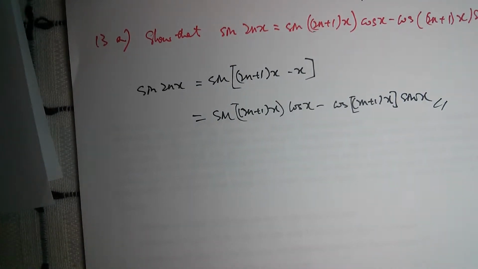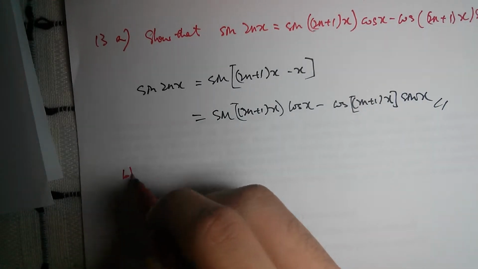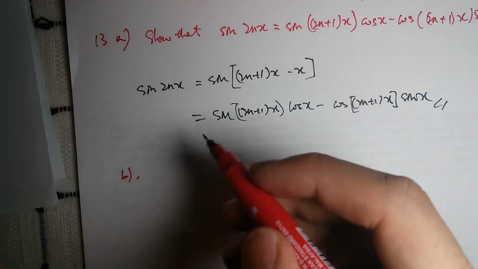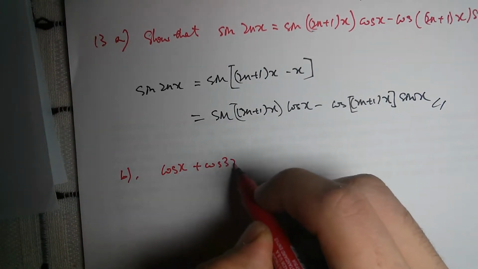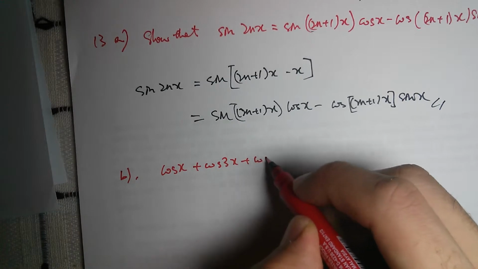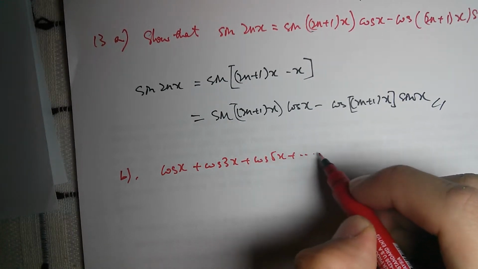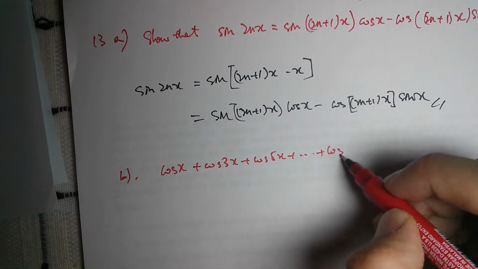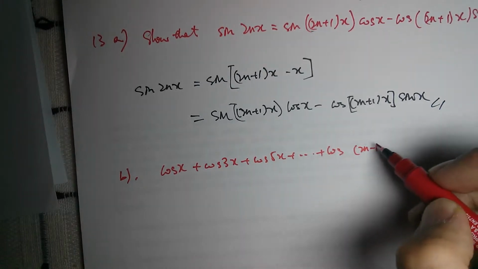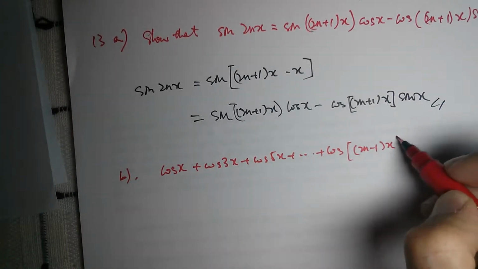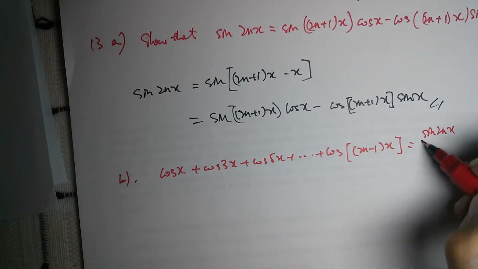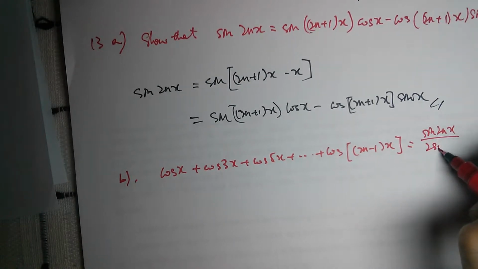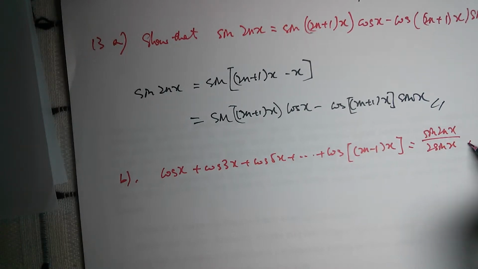B is the induction part. By induction, they want me to prove that cosine x plus cosine 3x plus cosine 5x, all the way up to cosine (2n minus 1)x, is sine 2nx divided by 2 sine x, for all n a positive integer.